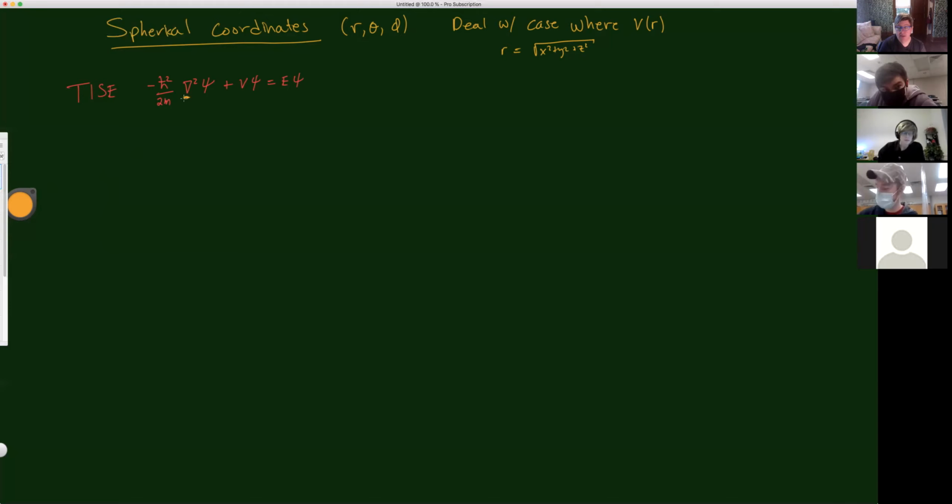In Cartesian, we already saw that del squared was partial squared partial x squared plus partial squared partial y squared plus partial squared partial z squared. But in spherical, it is not that.